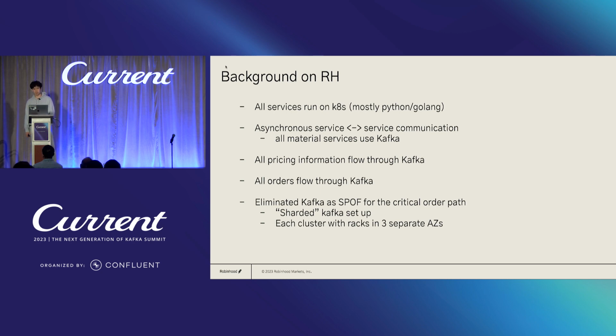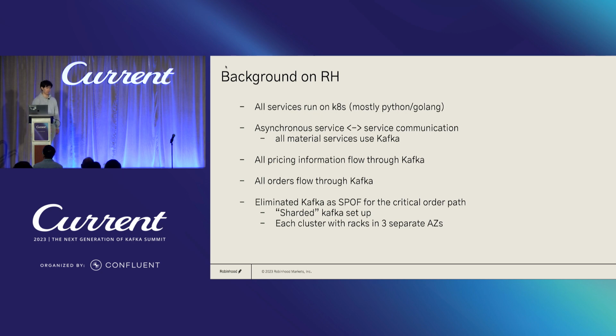We do have a lot of usages for data ingestion and event ingestion as well. But I would have to say that most of our more pertinent use cases for Kafka are with respect to this asynchronous service-to-service communication. Basically, all services utilize Kafka in one form or the other, and all of our material services depend very heavily on Kafka.